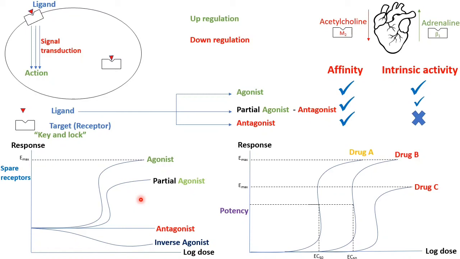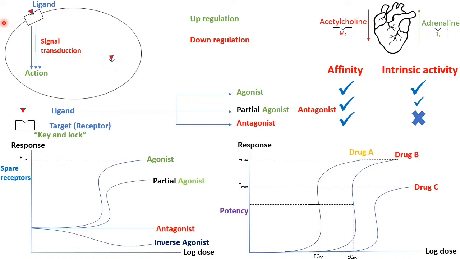So our body tries to keep what is called homeostasis. It tends to make the environment constant by decreasing the synthesis of that certain receptor. And this is called downregulation.